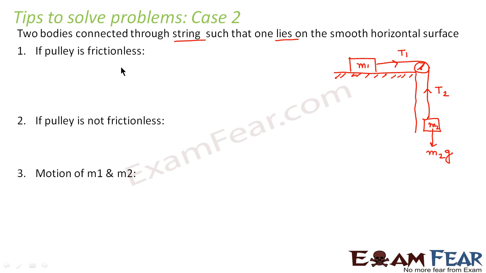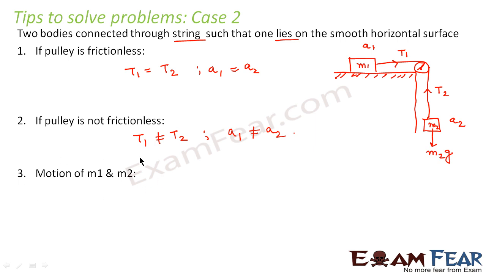So if the pulley is frictionless, in that case T1 will be equal to T2 and also A1 will be equal to A2. Let us suppose A1 is the acceleration associated with M1 and A2 is the acceleration associated with M2. If the pulley is not frictionless, in that case obviously T1 will not be equal to T2 and also A1 will not be equal to A2.